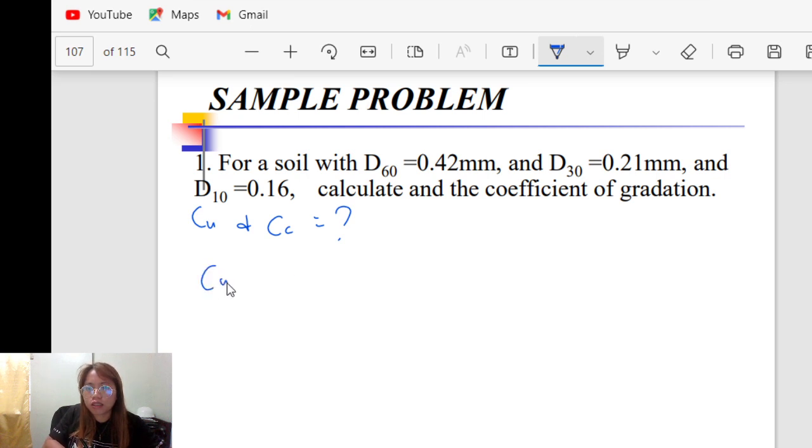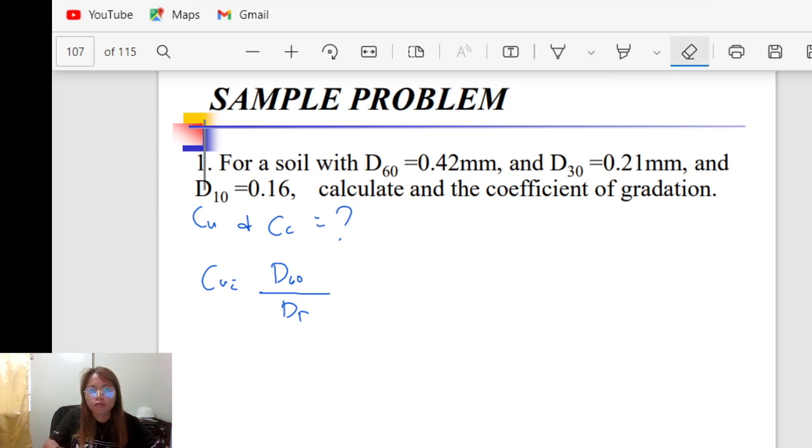The C sub U is equal to D60, the 60% diameter of the soil, over D10. So for this, D60 is 0.42 millimeter over D10 is 0.16 millimeter.